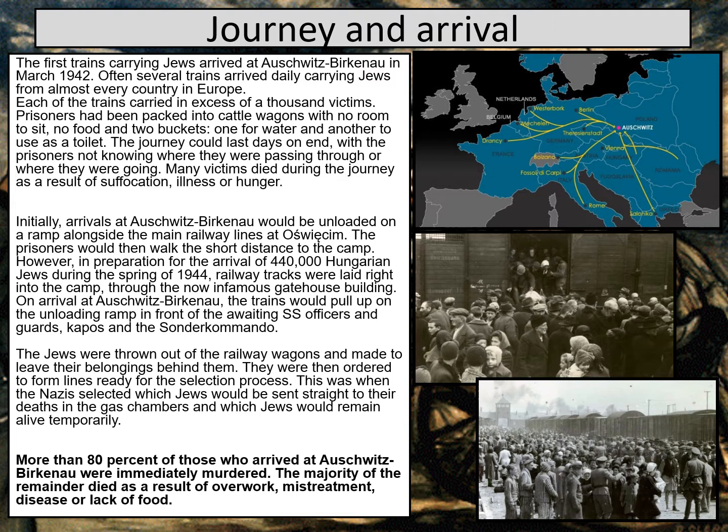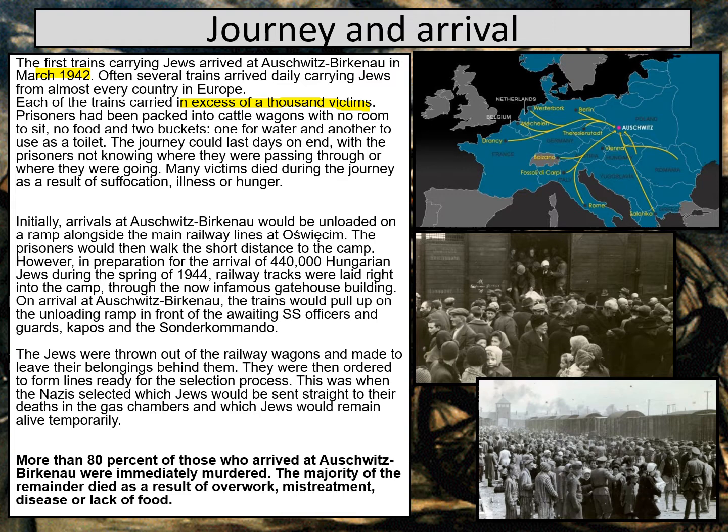Thinking about specifically Auschwitz, which is going to be our main focus for today, the first trains carrying Jews arrived in Auschwitz in March 1942. They arrived almost every day from every country in Europe. Each of these trains carried in excess of 1,000 victims. It was all organised by a man called Eichmann, who was one of the people at the Wannsee conference, and he coordinated all of the transports of prisoners.